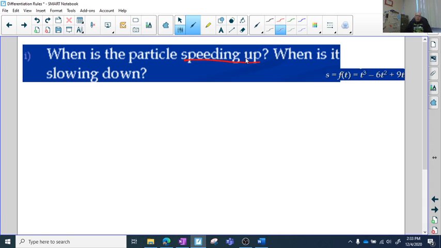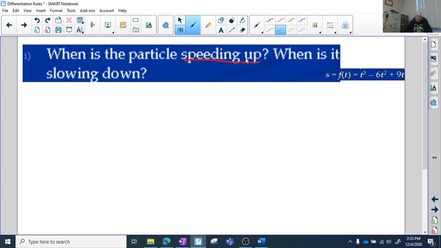In order for an object to speed up, I'll give you an example. If I was to go to the top of the school and hold a ball in my hand and let it drop, that ball, I hope you would say, is going to speed up. But if you take a ball and drop it down, it's going to have negative acceleration, but it's still speeding up.